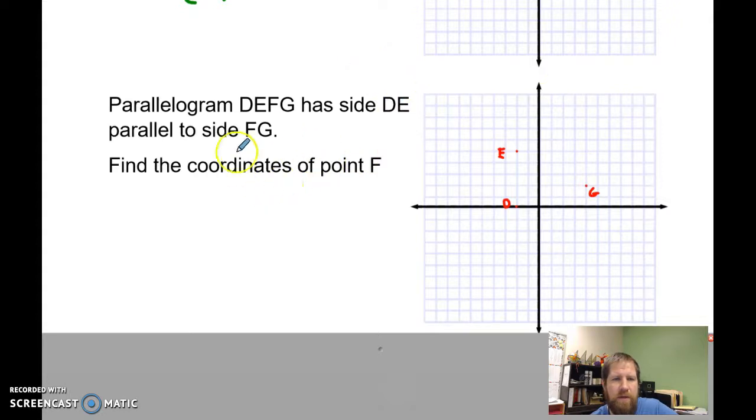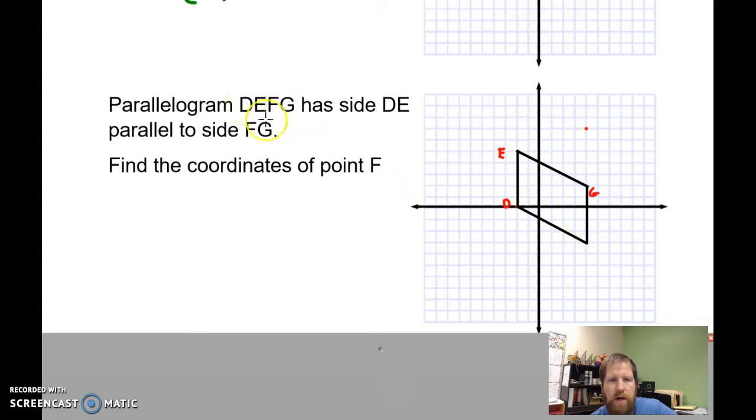If I'm going off just this information, I could put a point, let's see, 1, 2, 3, 4, 5, up here, or I could put a point down here. And if I filled it in with a black line, you could see that this actually does form a parallelogram.